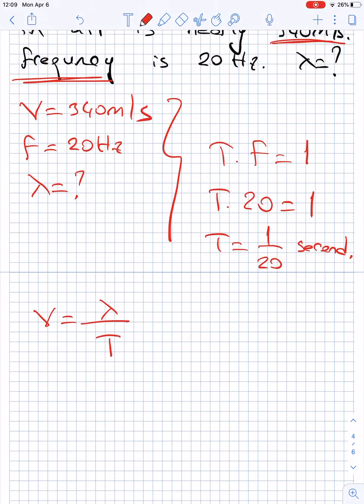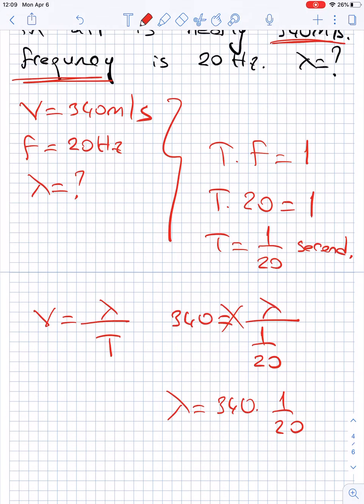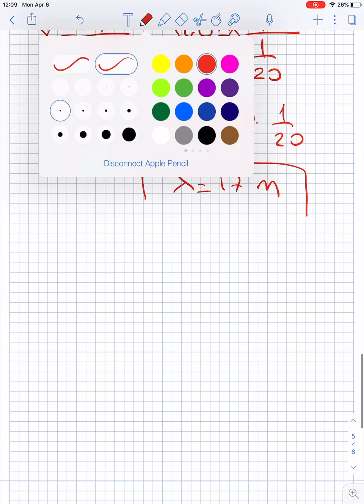Speed formula, wavelength over time. Speed is 340, wavelength is what it is asking, and period is 1 over 20. After calculating, wavelength is 340 multiplied by 1 over 20. My result is 17 meters.